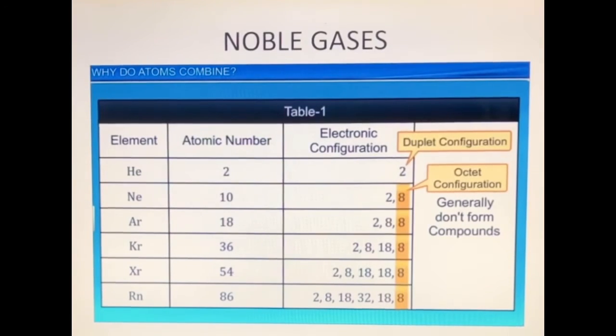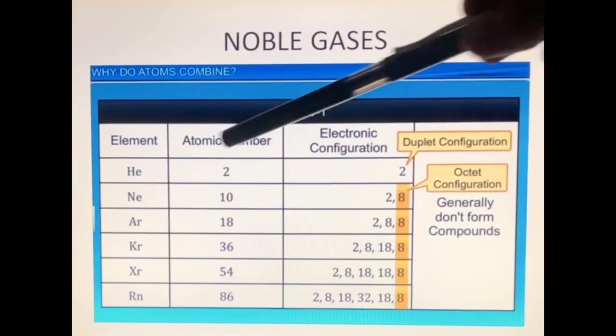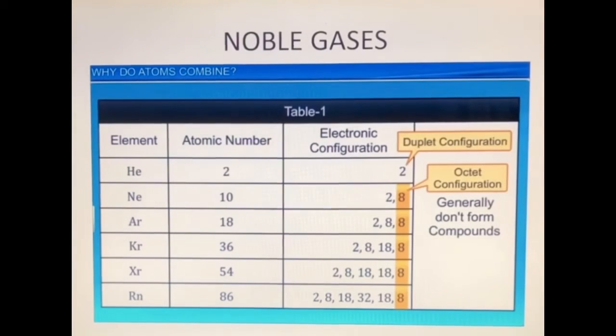Noble gases like helium, neon, argon, krypton, xenon, radon have complete duplet or octet. It means in valence shell 2 or 8 electrons are present, which are stable. Their outermost valence shell is complete.